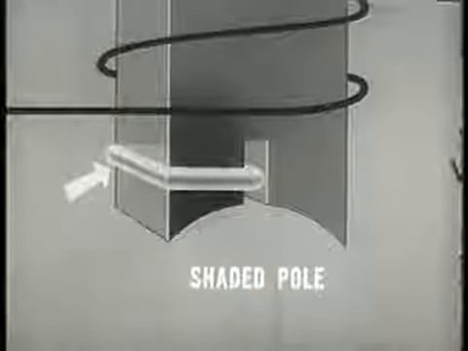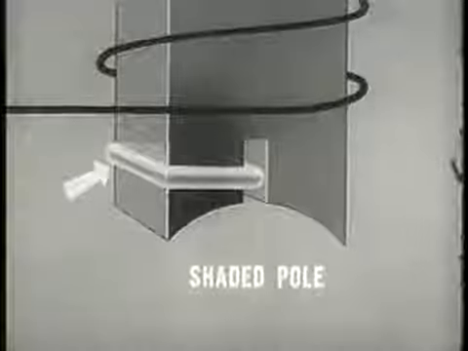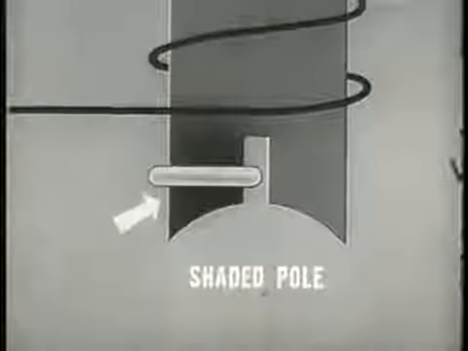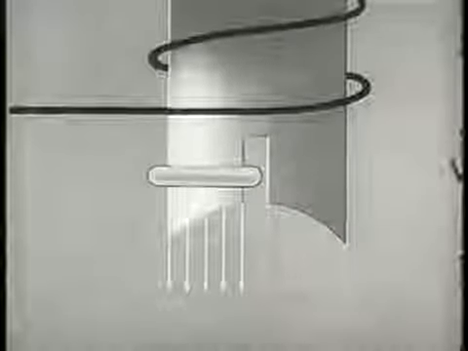A shaded pole is attained by placing a copper ring in a slot over half the pole. The copper ring on the shaded half of the pole increases the inductance of that half. That causes the magnetic field of the shaded half of the pole face to lag behind that of the unshaded portion, creating a rotational effect.